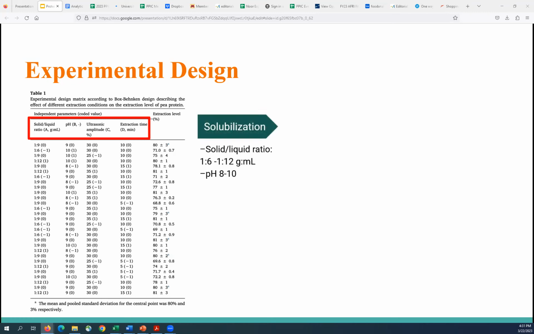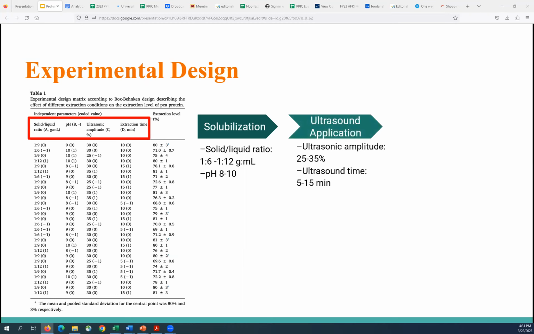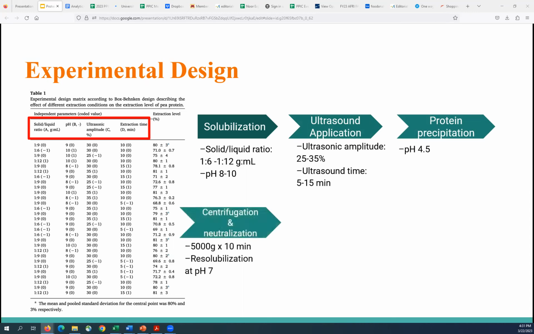Basically, the pea powder was solubilized in DI water at different ratios and adjusted to different pHs. An ultrasound was applied. After extraction, the solution was adjusted to pH 4.5 for protein precipitation. The precipitated protein was collected after centrifugation and dissolved in water of pH 7, and the pea protein was freeze-dried.